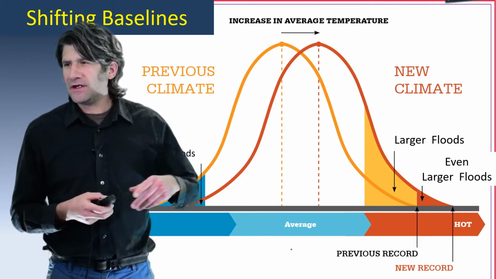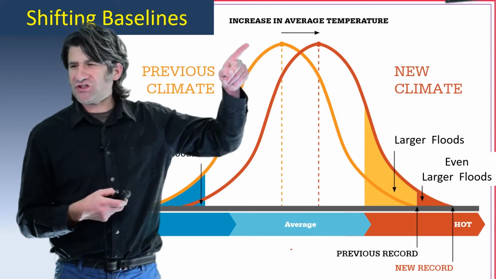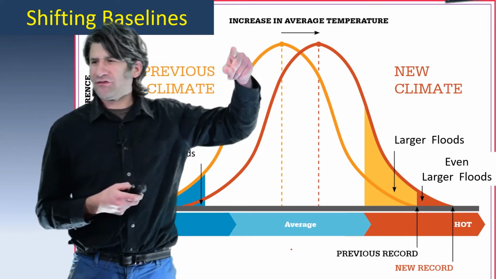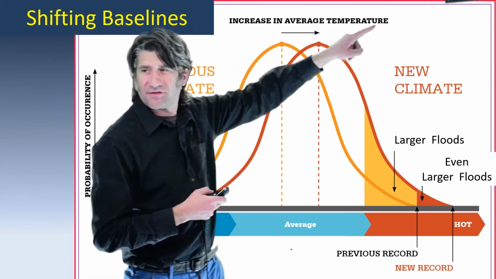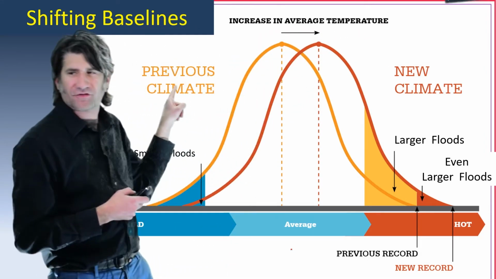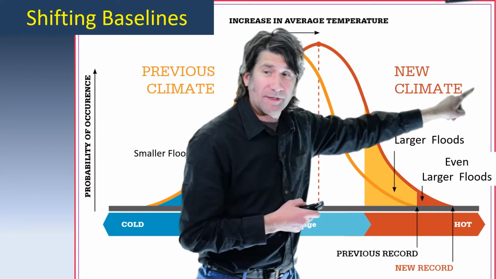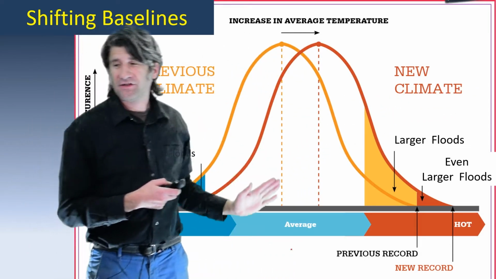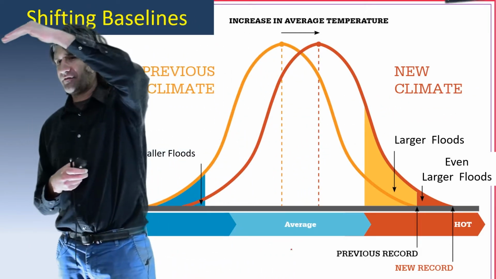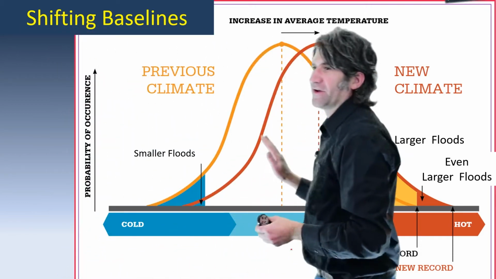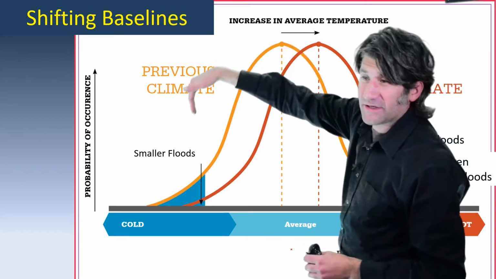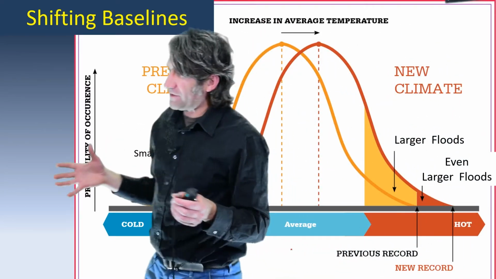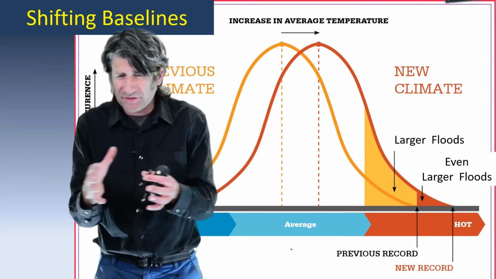Like maybe we've had increasing average temperature, from a previous climate to a new climate. If we look at the distribution of flooding events associated with a given distribution, right?